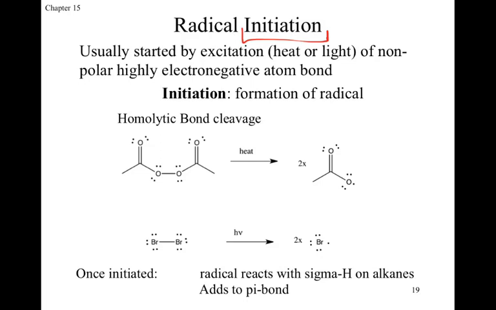The initiation is started with either heat or light, and what ends up happening is that heat or light is enough to excite a nonpolar bond, a low energy nonpolar bond that actually causes it to break open. So lower energy requires less energy to excite it, and hence it can break open.